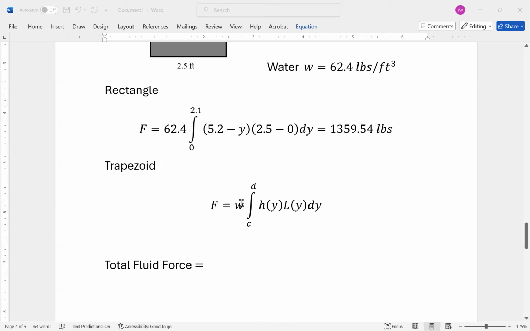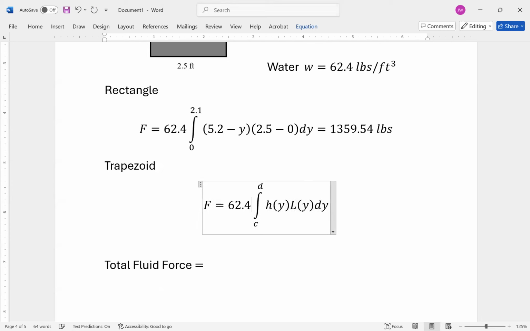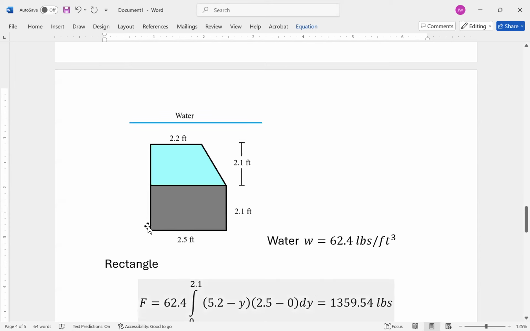So weight density, 62.4. Bottom of the trapezoid, since I put my origin at that upper right-hand corner, the bottom of the trapezoid is at negative 2.1.